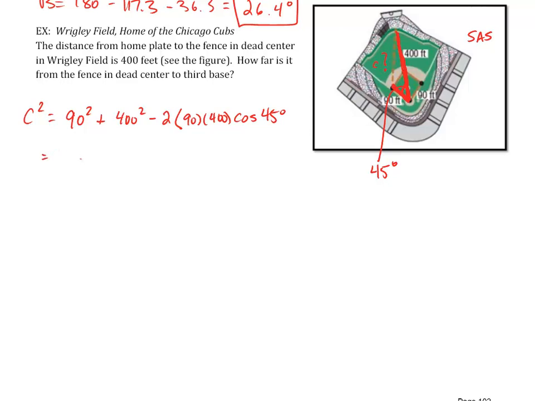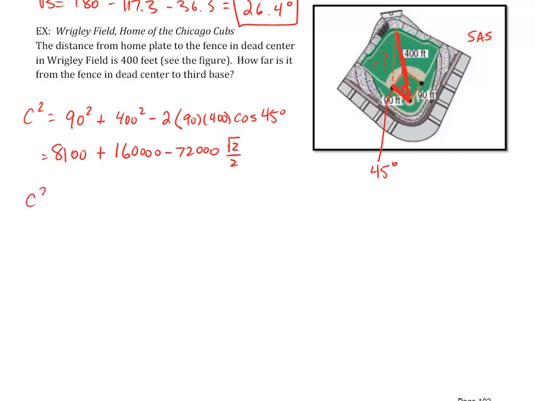So this gives me 8,100 plus 160,000 minus 72,000, because that 90 times 400 would be 36,000 times 2 is 72,000. Cosine of 45, which I'll go ahead and write in as square root of 2 over 2.